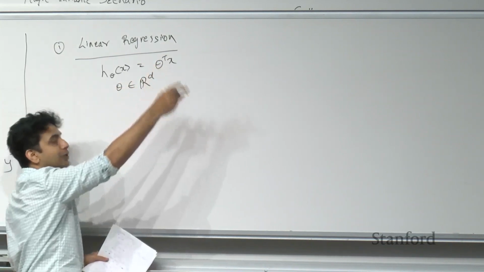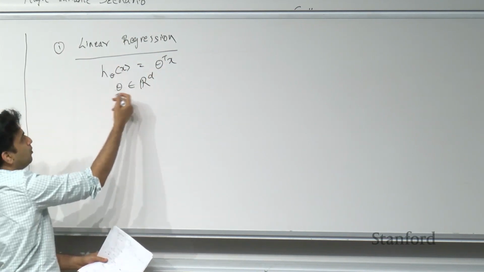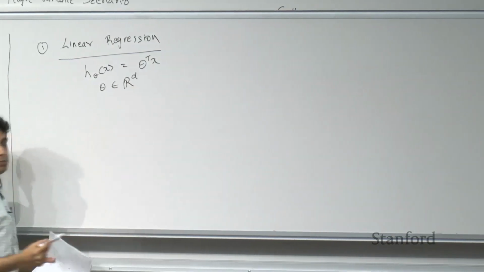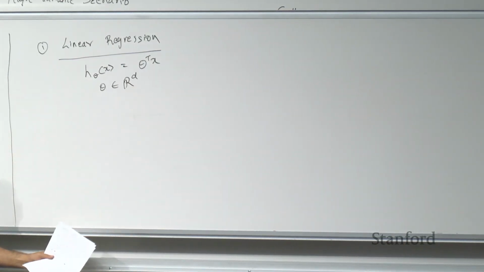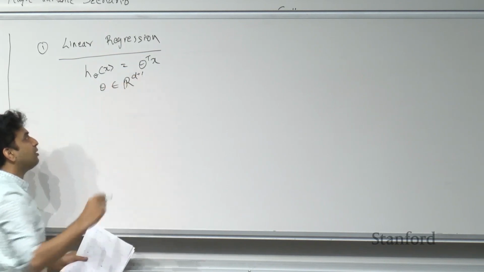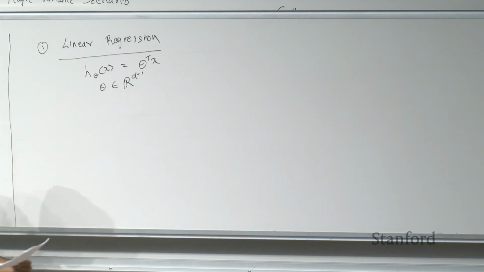We assume that x will include the intercept term, and the parameter in the theta vector that corresponds to the intercept term will be the bias term. Right? So sometimes to make it explicit, we call it d plus 1, and other times we just leave it as theta d and assume that it's in there. And in order to learn this parameter vector theta, right, we need to have a learning algorithm.